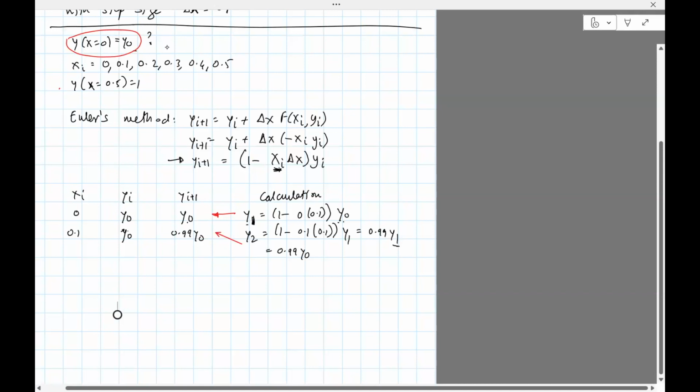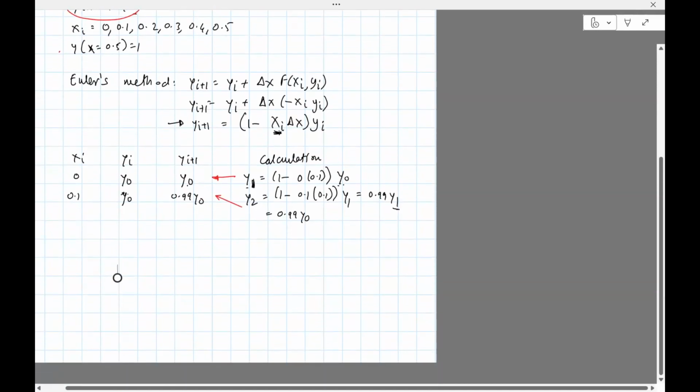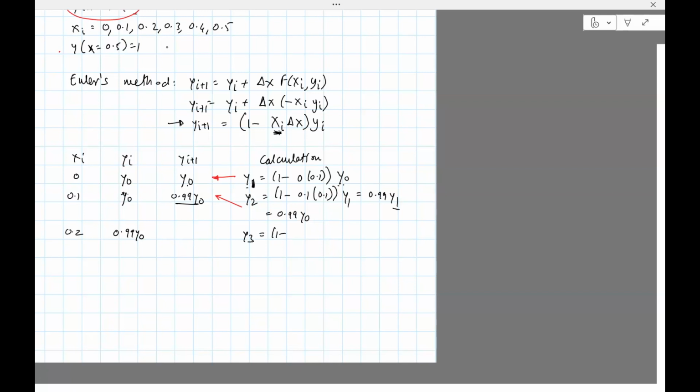Okay, we just have to keep doing that till we reach 0.5. So at 0.2, we start with 0.99 y0. Now let's do the calculation for y3. 1 minus x_i, which will be 0.2, times delta x, which is 0.1.